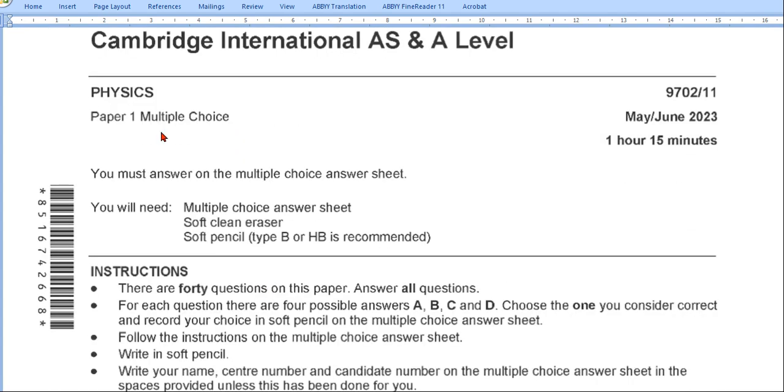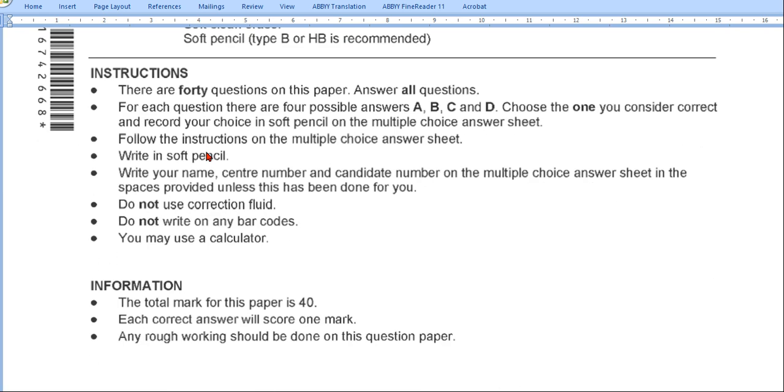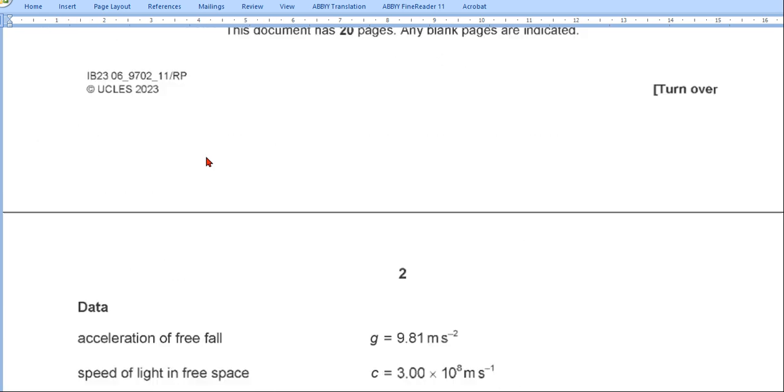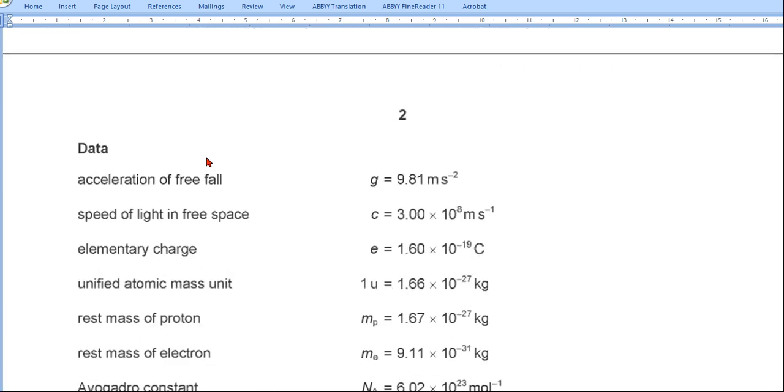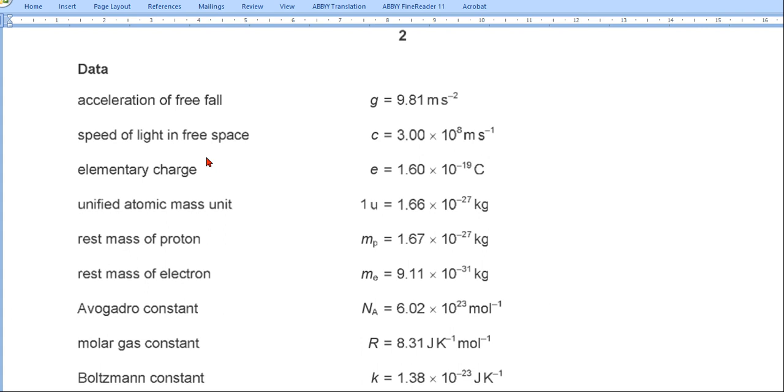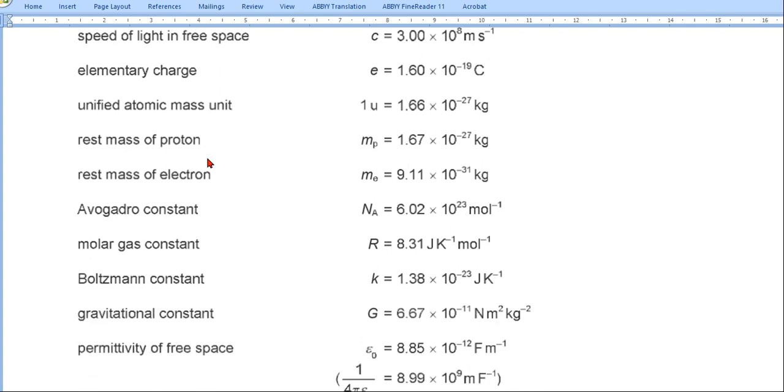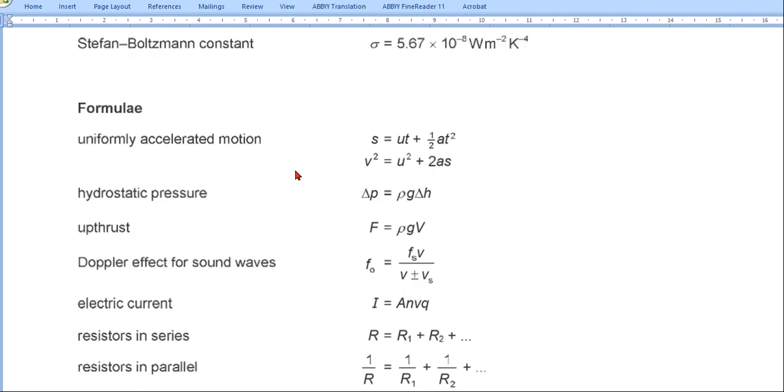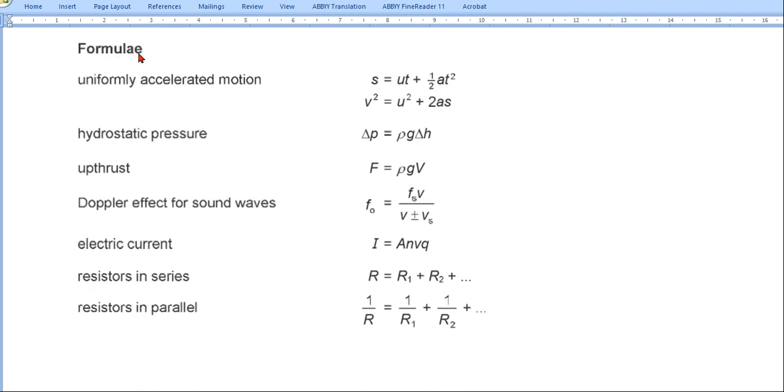It is a multiple choice paper for both A-Level and AS. First you have some data, so this data will be provided. Here, for example, is the charge of an electron. We will use this value and some formulas.